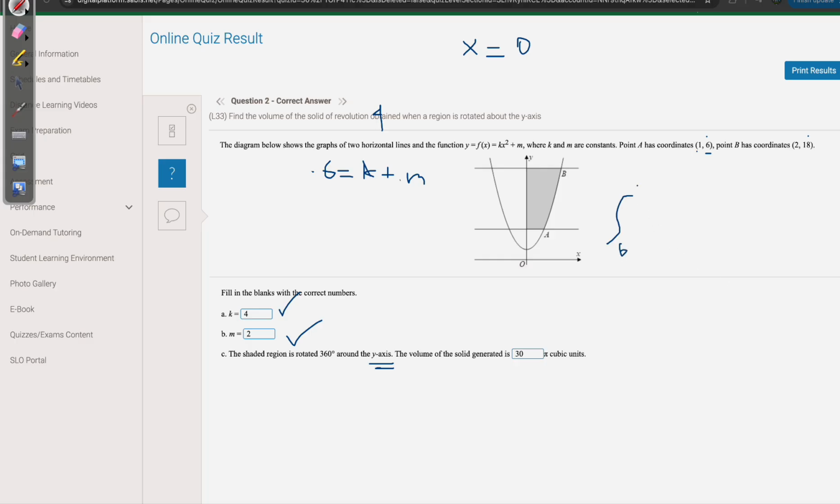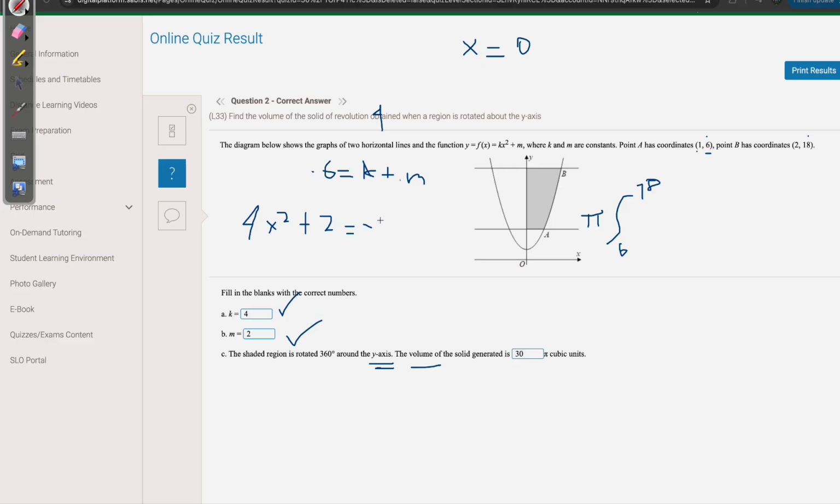6 to 18. And don't forget they're asking for the volume, so we're gonna have to square the function. So here we're gonna need x squared. So the function is 4x squared plus 2 is equal to y.